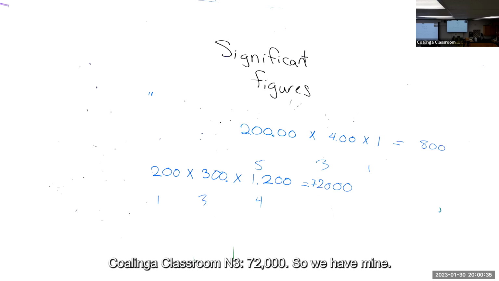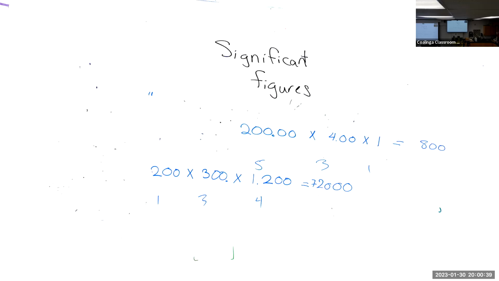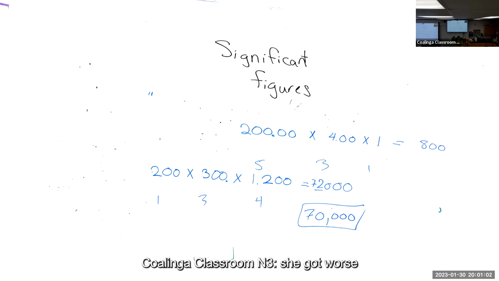So if we have one significant figure, my answer should be this. Decide whether you're rounding up or rounding down. Drop that down to 0. Okay, you guys see how it works? Simple? Not simple?